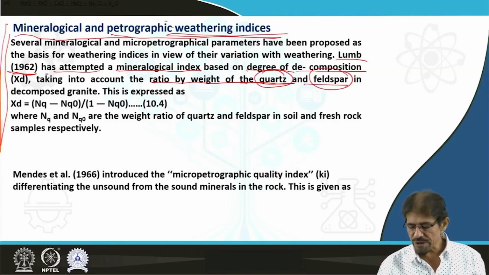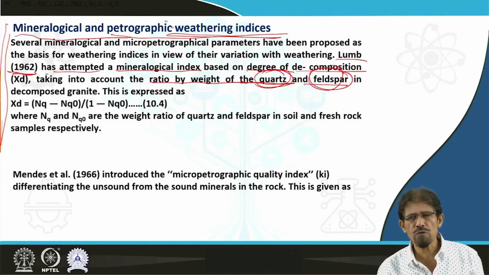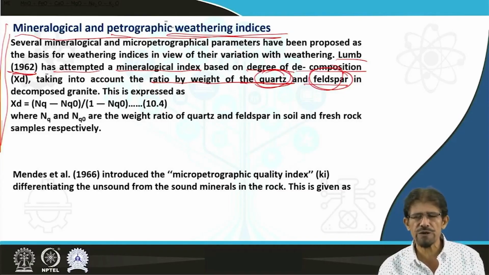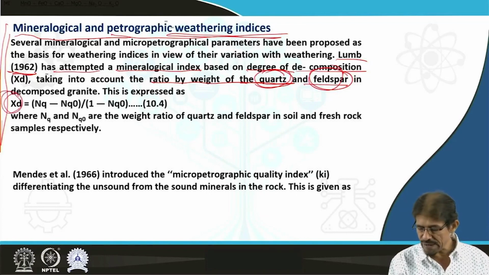In the previous discussion, granite consisting of quartz and feldspar resists water in different capacity. Quartz is more resistant than feldspar. Feldspar interacting with water in chemical weathering produces clay mineral. So the feldspar mineral is more sensitive to water-rock interaction in comparison to quartz. So he has proposed this index.